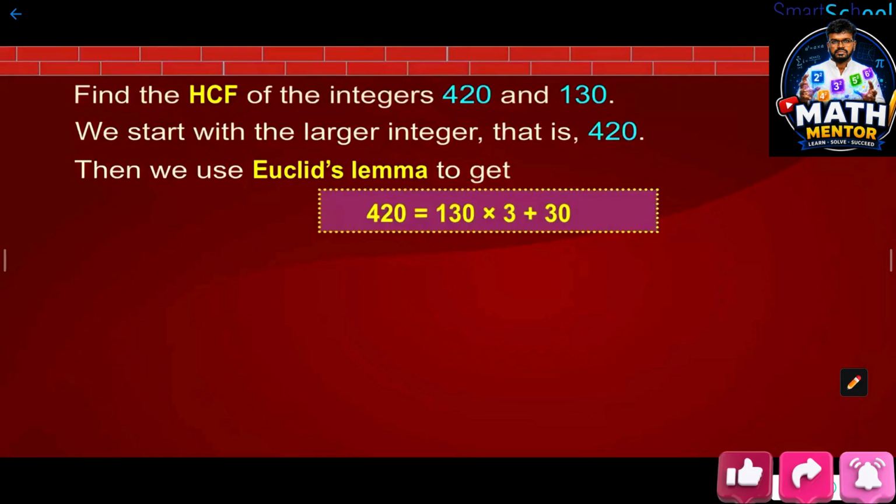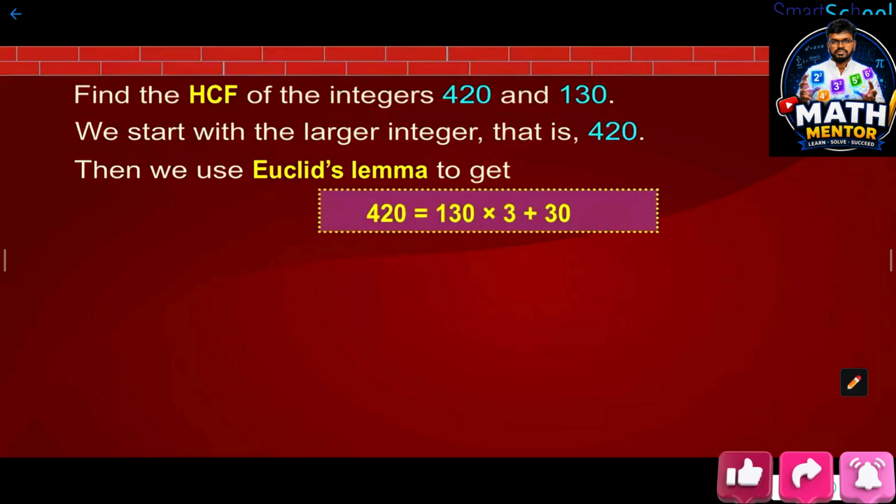See here that 30 is less than the divisor 130. Always remember that we will not stop the algorithm until we get the remainder as 0. As here, the remainder is 30 and definitely it is not equal to 0. Consequently, we move over to the next step.